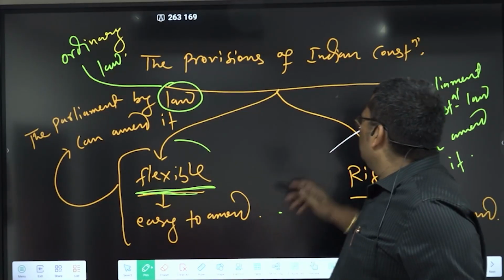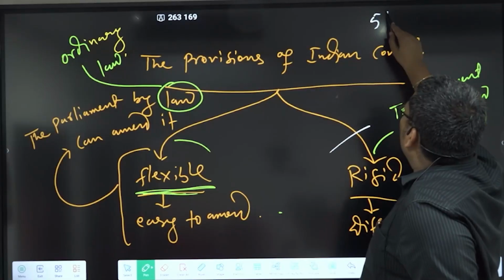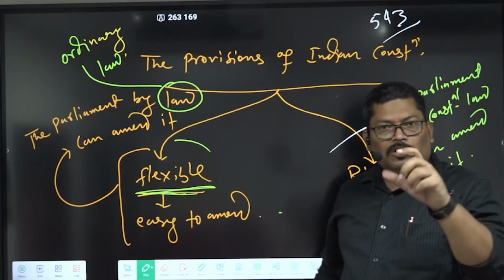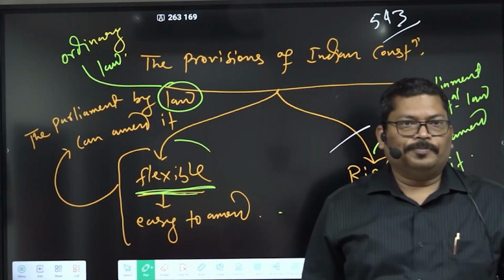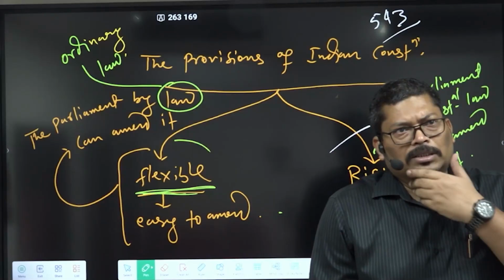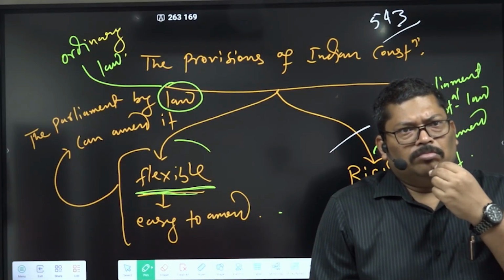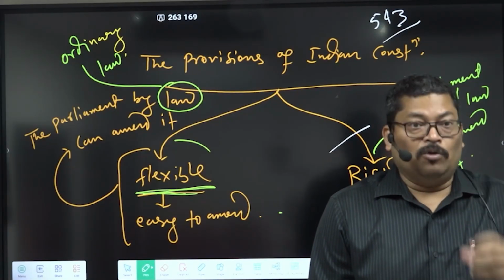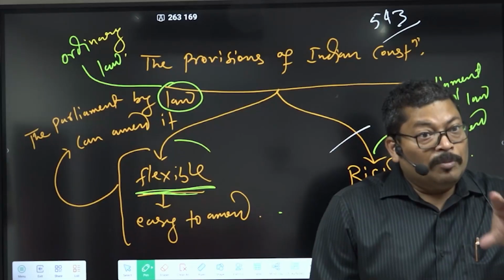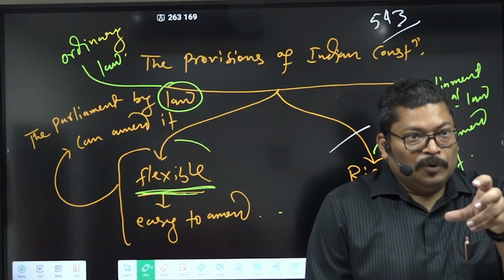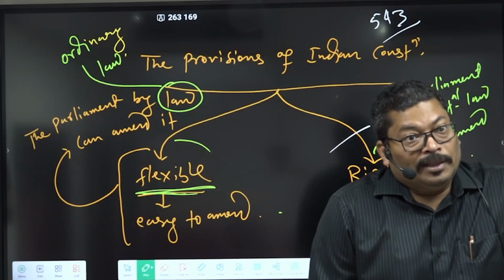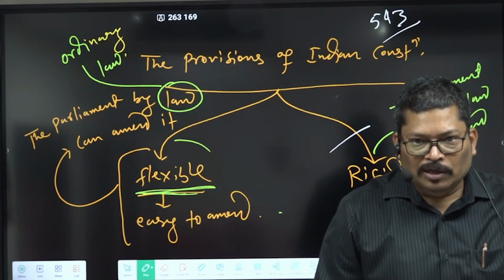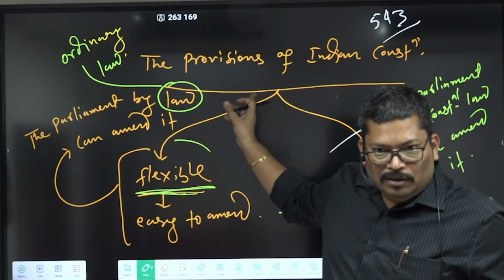And look, the total strength of Lok Sabha is 543. In order to continue with the proceedings of the Lok Sabha, the minimum quorum of legislators which is required is 1/10 of the total strength of the Lok Sabha. So total strength is 543.